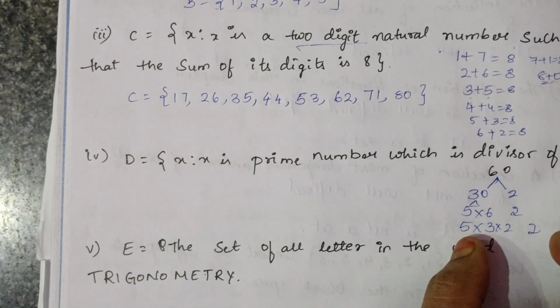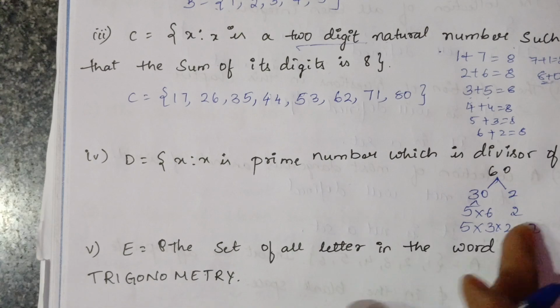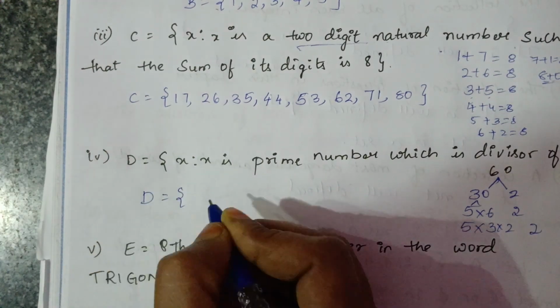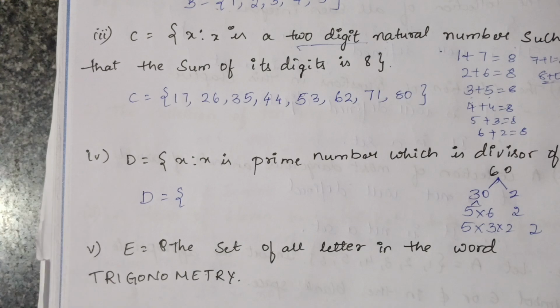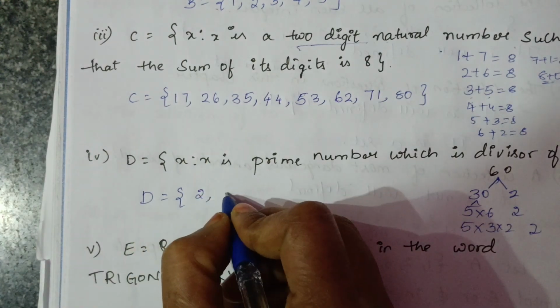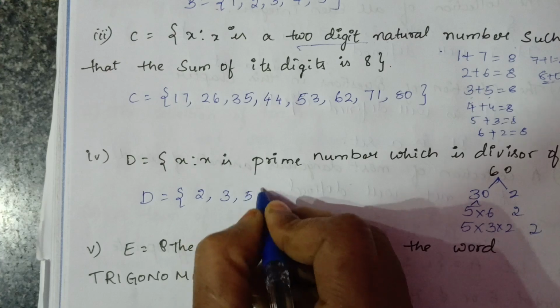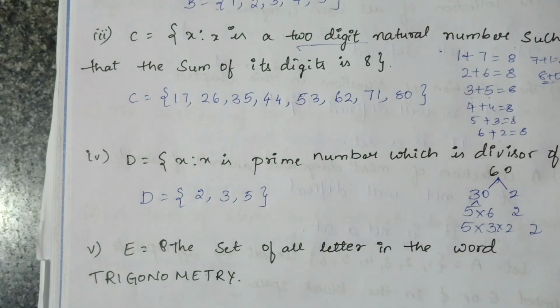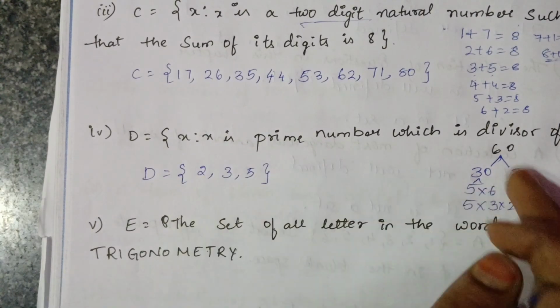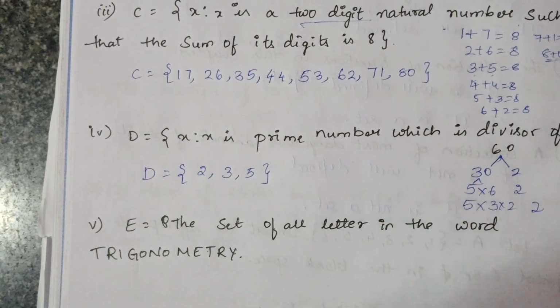Here we came across 2 two times. In a set, repetition should be avoided. So the prime divisors of 60 are 2, 3, and 5. If you didn't understand, check it out once here.